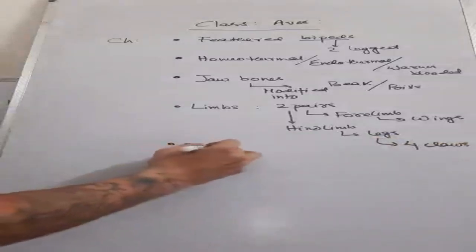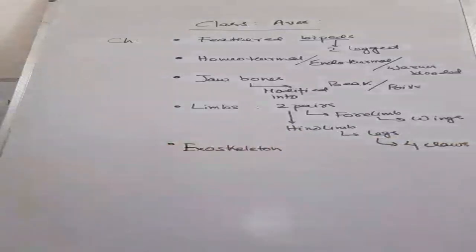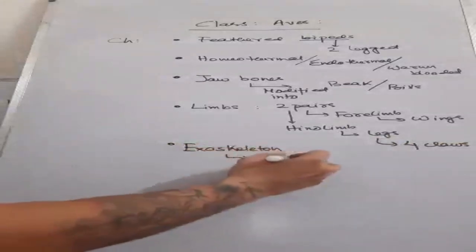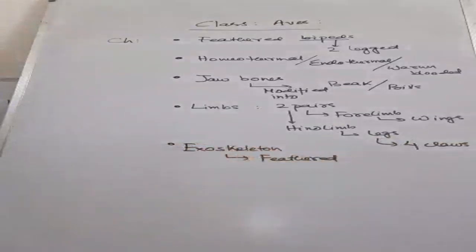Talk about the exoskeleton. In the exoskeleton, basically, they are feathered, and scales will be present on their hind limbs along with claws.